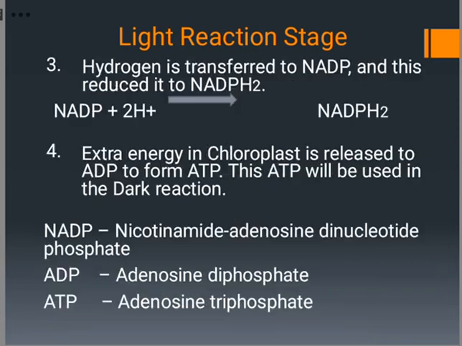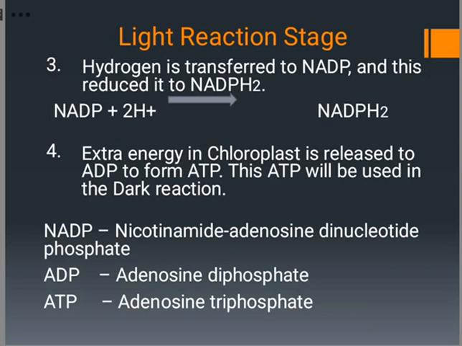Now, another thing that happens in the light reaction stage is that hydrogen is transferred to NADP, and this reduces it to NADPH2. Now, NADP is an energy precursor.